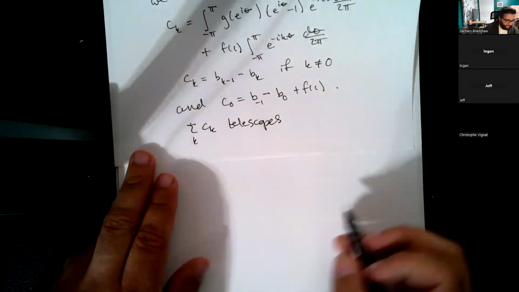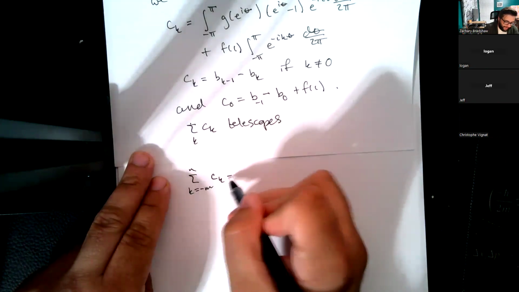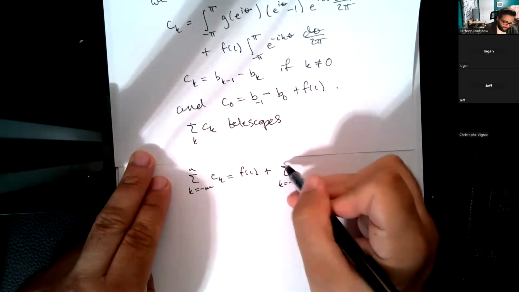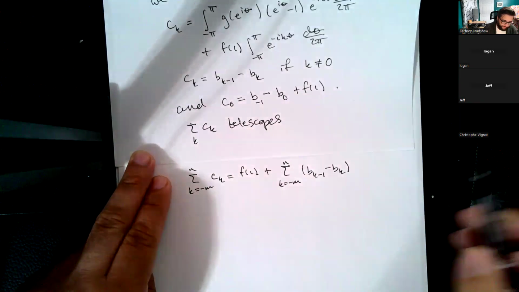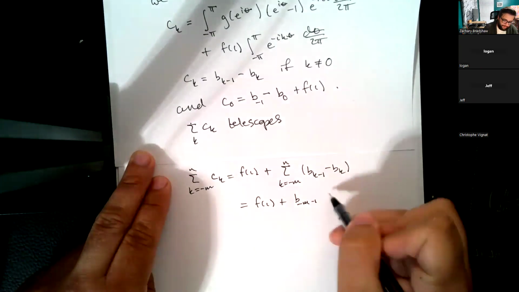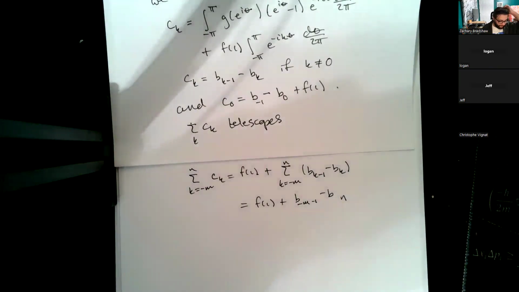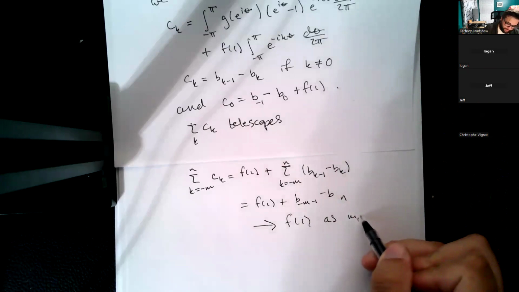We obtain that the sum from k equals minus m to n of ck equals f of 1 plus the sum from k equals minus m to n of b k minus 1 minus bk, which is f of 1 plus b minus m minus 1 minus bn from the telescope. And this tends to f of 1 as m and n go to infinity.